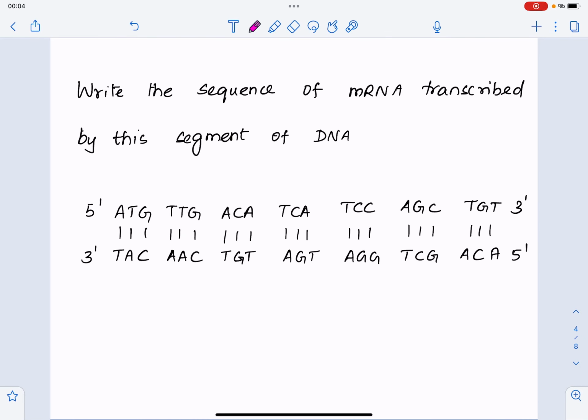Look at the next question: write the sequence of mRNA transcribed by the segment of DNA. I have written both the given DNA sequence in the 5' 3' direction and its complementary sequence. Now this 5' to 3' DNA sequence will be called the coding sequence or coding strand, and the complementary sequence in the 3' to 5' direction is the template strand.